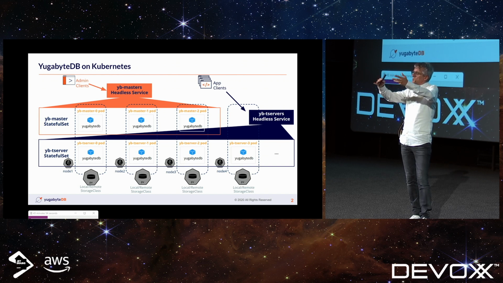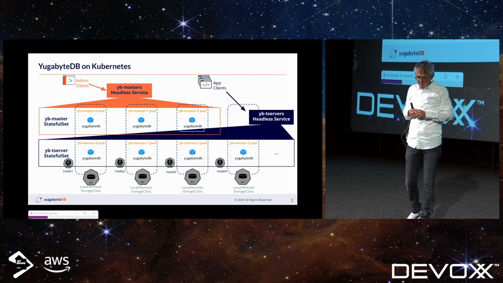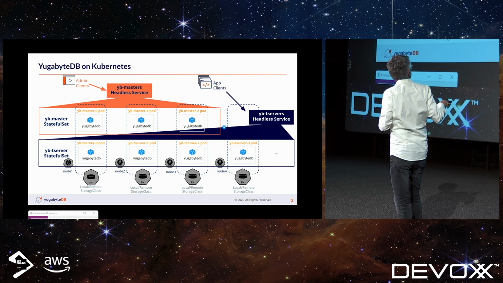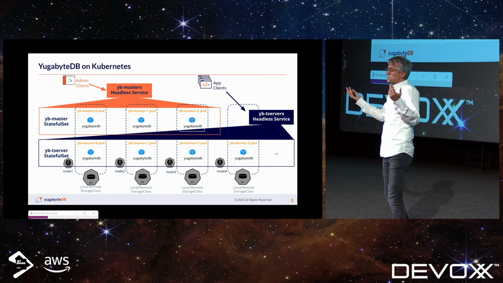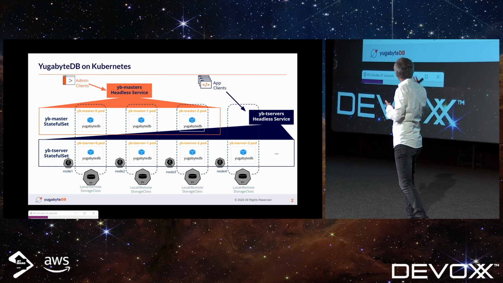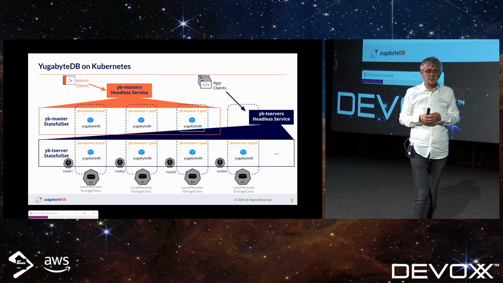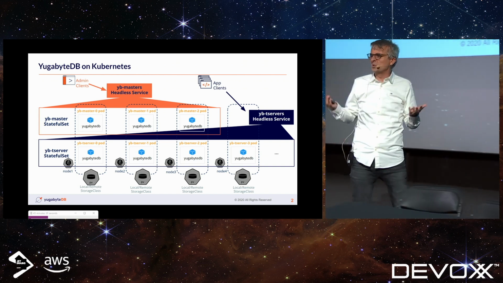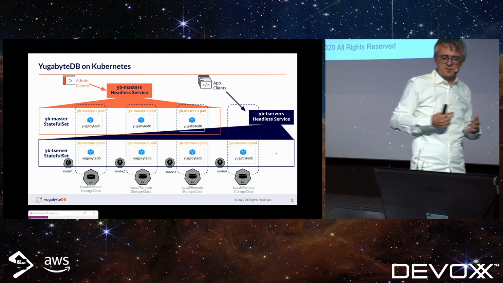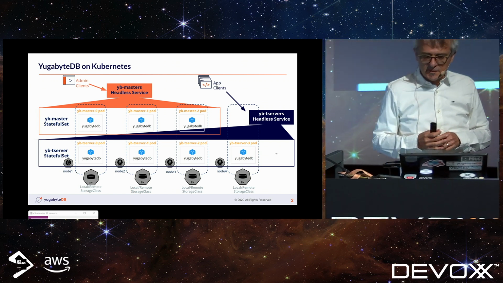We plug Postgres on top of a distributed storage. So that's the point. You have a service that will load balance to any T server, so any pod of the T server stateful set. No need for a proxy. A proxy just adds latency. You can connect anywhere, so just at random to the different ones.